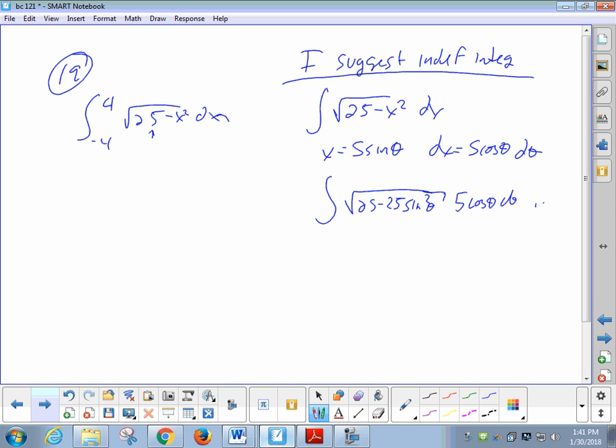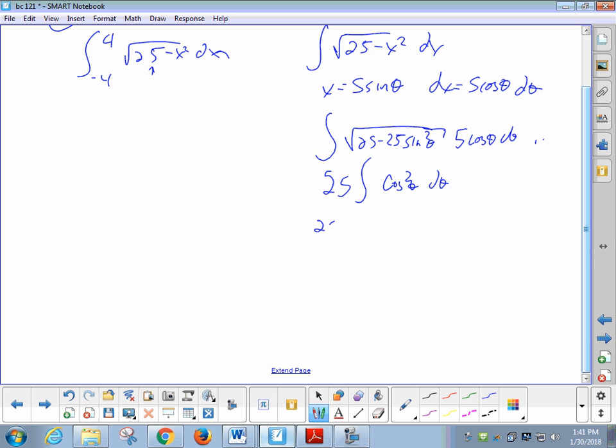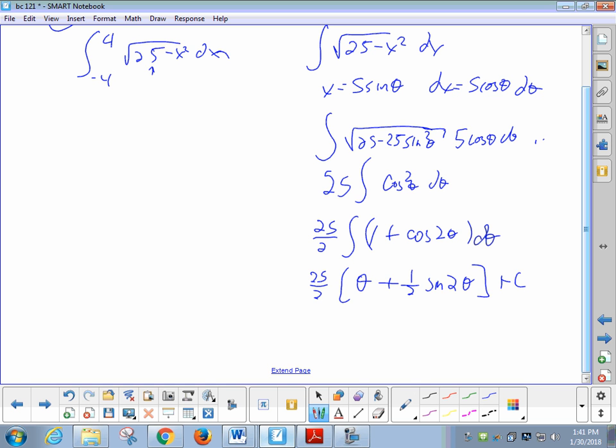Okay. You let x equal 5 sine theta, and therefore dx is 5 cosine theta d theta. So you get 25 minus 25 sine squared, so 25 out front of cosine squared. By identity, that's 25 halves, 1 plus cosine of 2 theta, d theta. Okay, 25 halves theta plus 1/2 sine 2 theta, plus a c.